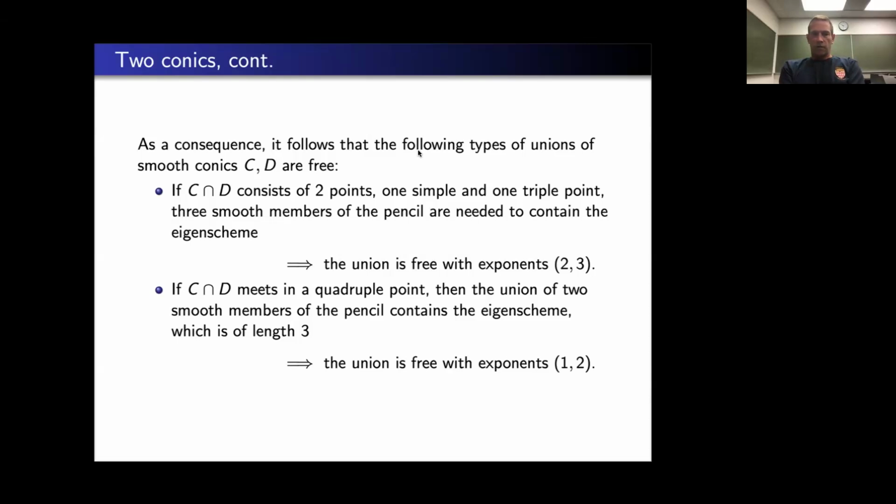And if you have the 2 curves meeting in a quadruple point, so there's only 1 point where they meet, but it meets with multiplicity 4, then the union of 2 smooth members of the pencil contains the eigenscheme, and that means that 2 smooth members of the pencil give you a free arrangement with exponents 1 and 2.